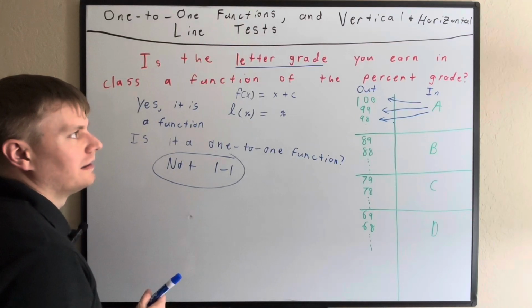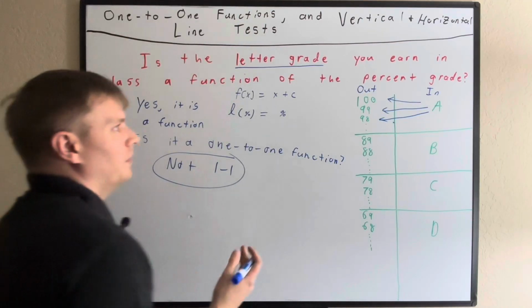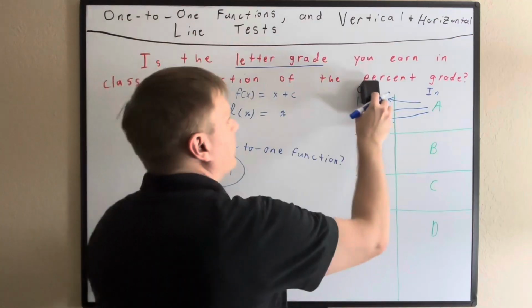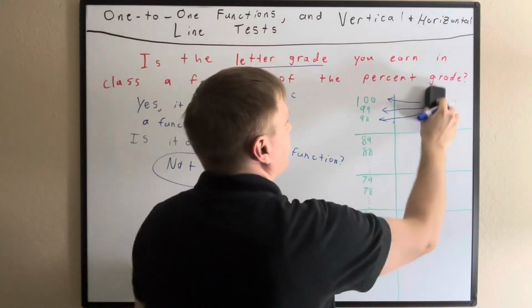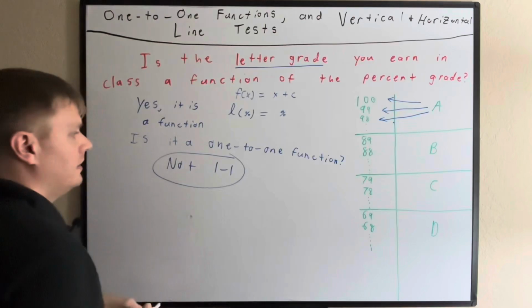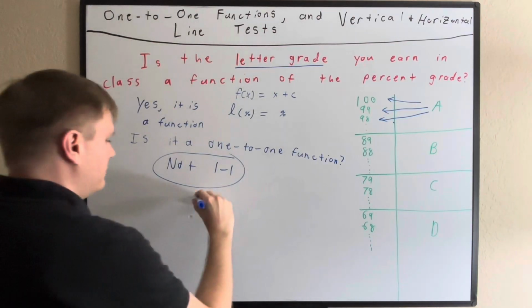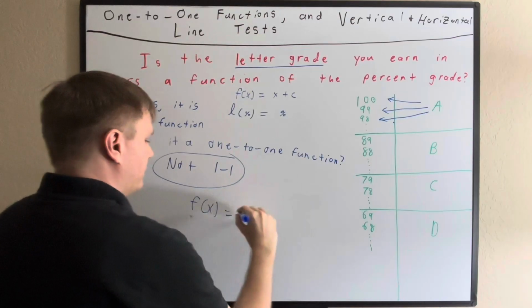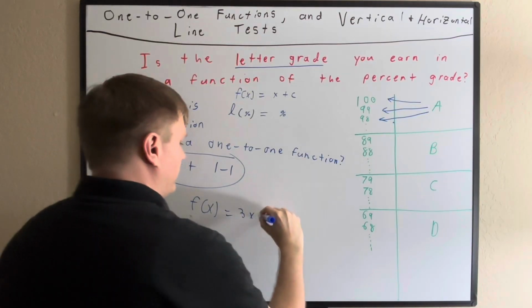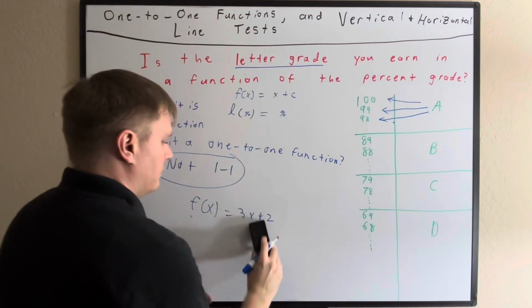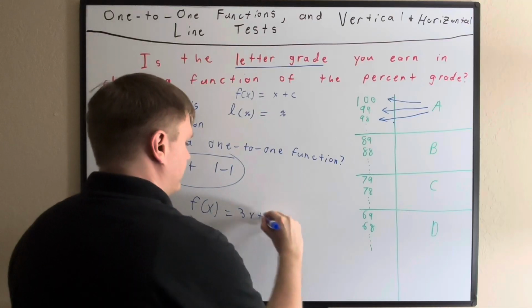So what would be both a function and a one-to-one function? Well, that would be your simple line equation, like f of x equals 3x plus 2. Not 3x and 2, it's 3x plus 2.